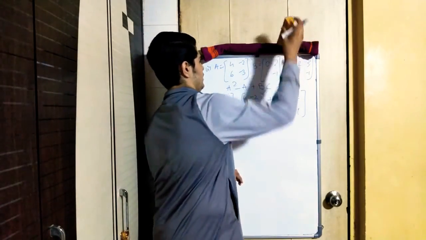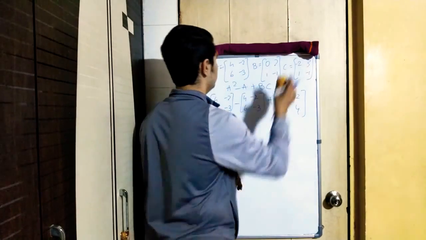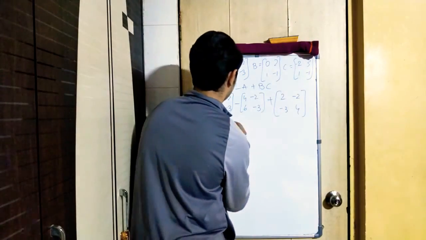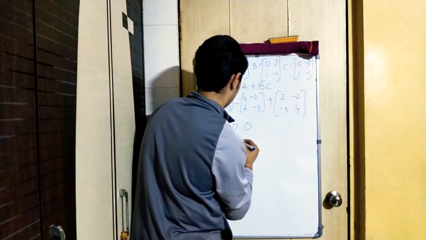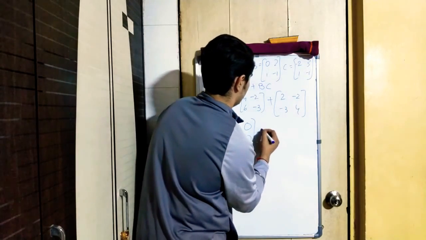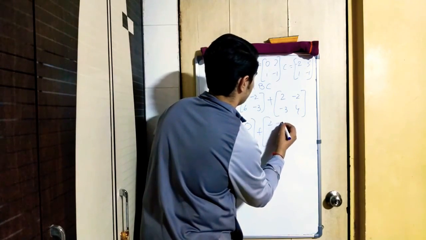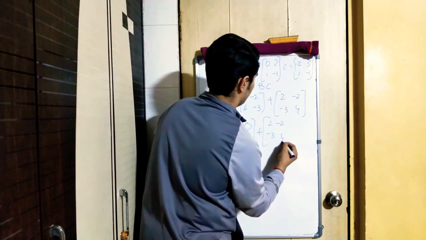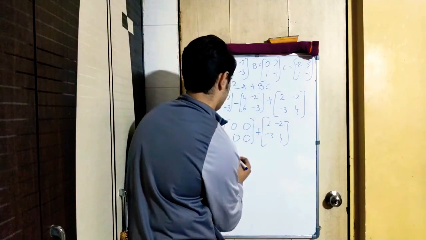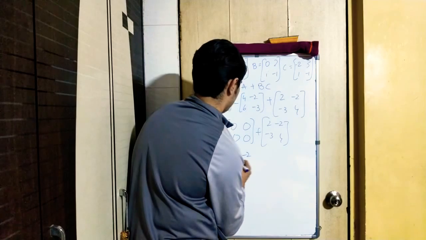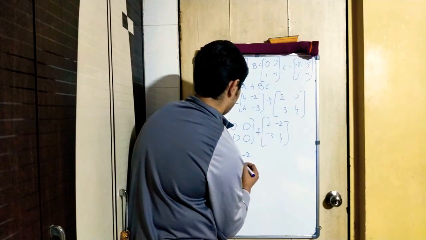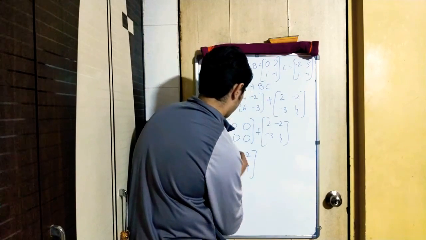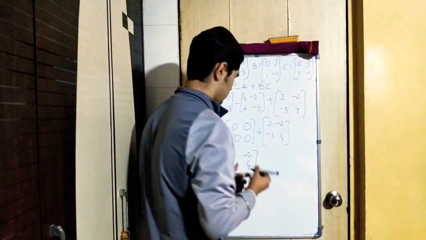So the whole matrix is 0. If you want to show it, you can; if not, you can skip it. So plus [2, -2; -3, 4]. So we finally get the answer as [2, -2; -3, 4]. We can copy it down.